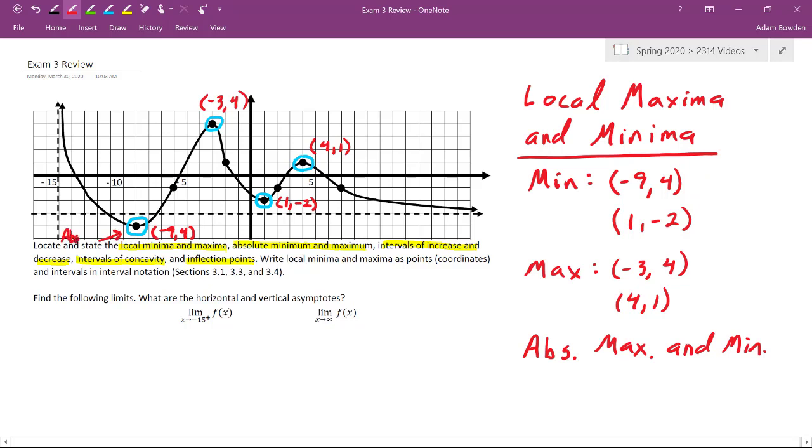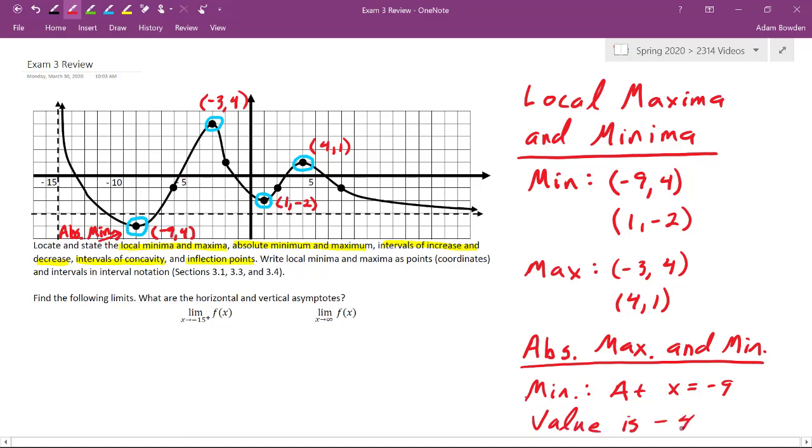That'll be the absolute minimum as well as our local minimum. So the absolute minimum would occur at x equals -9 and the value is -4.